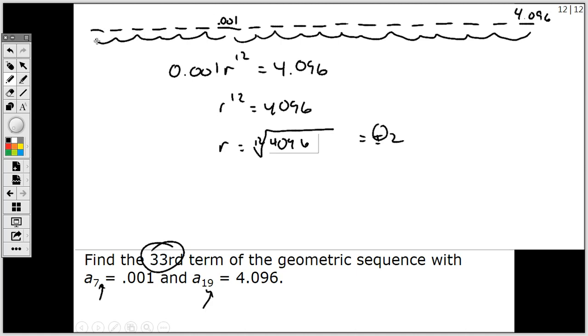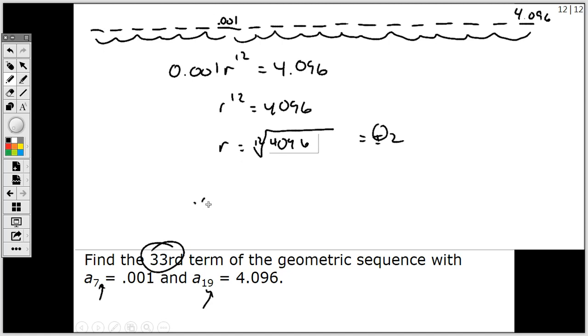So divide by 2 to the 6th, 0.001 over 2 to the 6th. Ooh, that's really, really small. And then I'm going to multiply that times 2 to the 32nd.